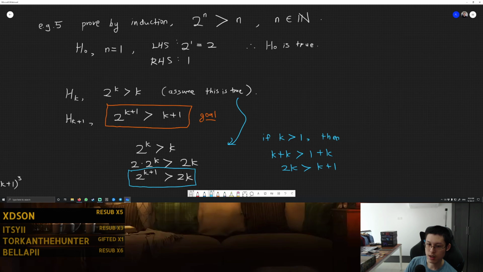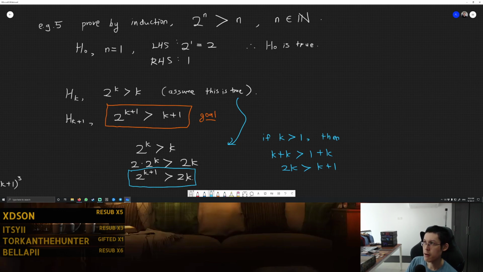You can see that this must be greater than this. Since 2k is greater than k plus 1, therefore this must be true, because we know that this is going to be greater than 2k. Therefore, this must be greater than something that is smaller than 2k. Does that make sense to you?